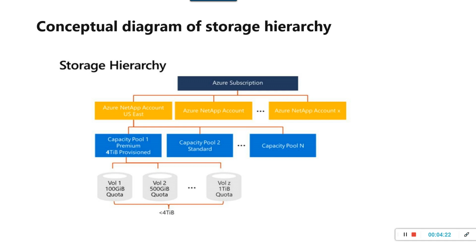For authenticating that, we also need to create one AD connection, which is very important. Unless you have a connection to AD, it won't authenticate your storage, and that's supposed to be authenticated from the on-prem AD.